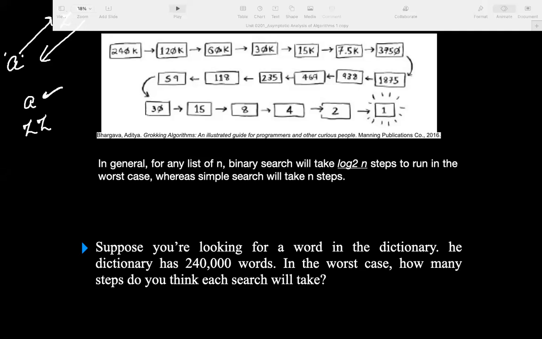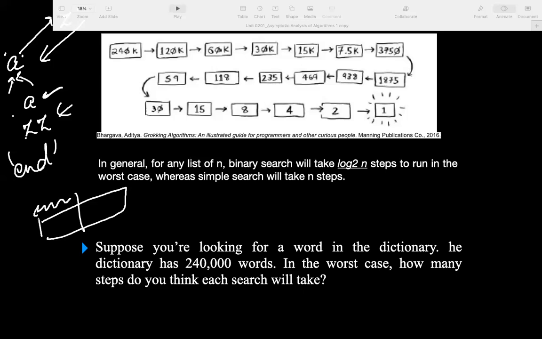Okay, all right. So A could have been the worst case, but we know that dictionaries are always ascending. So this is going to be the best case if we are not using binary search. If we are using binary search, it does not matter whether we are searching for A or for Z. Both of them will appear at the end, right? Because in binary search we start in the middle, and then slowly we move towards the end.